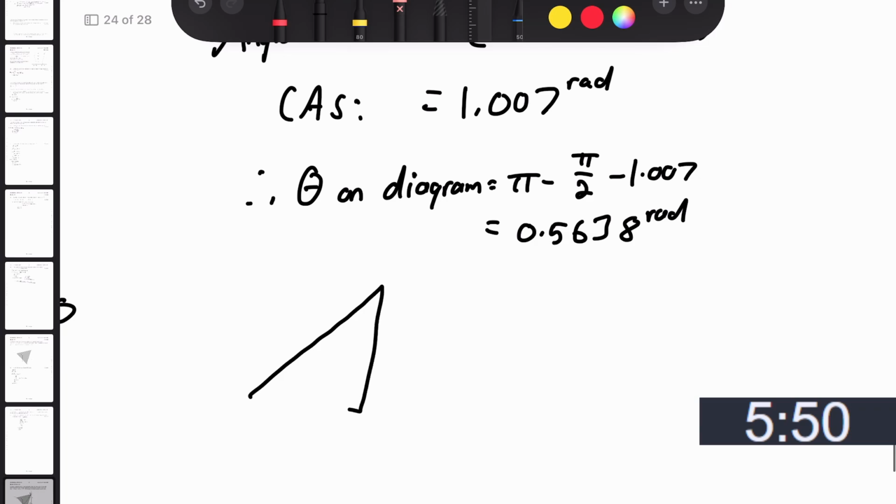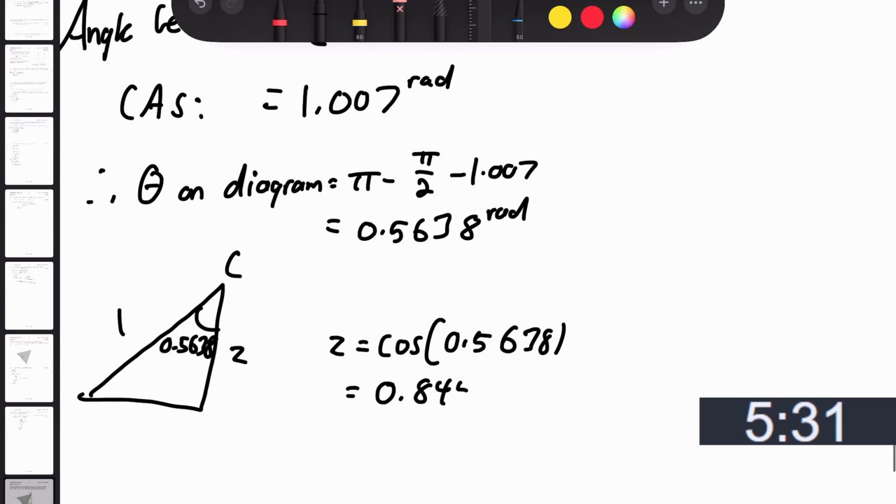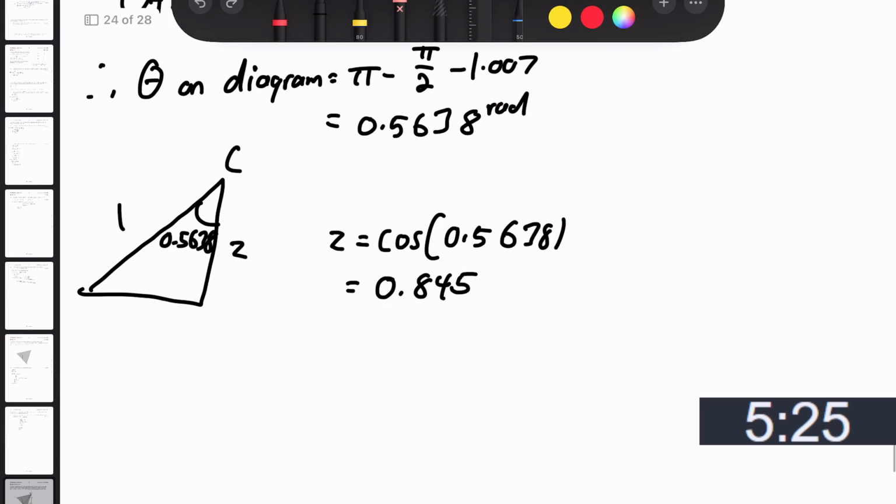And if I have this, I'm going to have Z, that's going to be 1, so that's C to P, and then this is 0.5638, so then Z is equal to cosine of 0.5638, which is going to equal 0.8453, 0.84, yeah, so let's say C is equal to that.